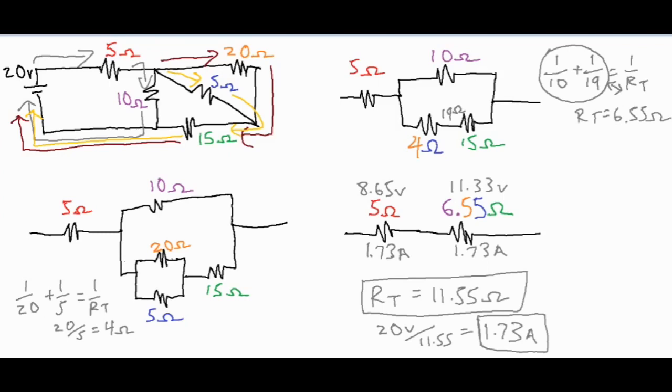Now let's go ahead and work our way backwards a bit. So we have everything for our final completely collapsed circuit. And now when we go back to this one over here, we know a couple things about it. We know that each of these parallel branches gets 11.33 volts.